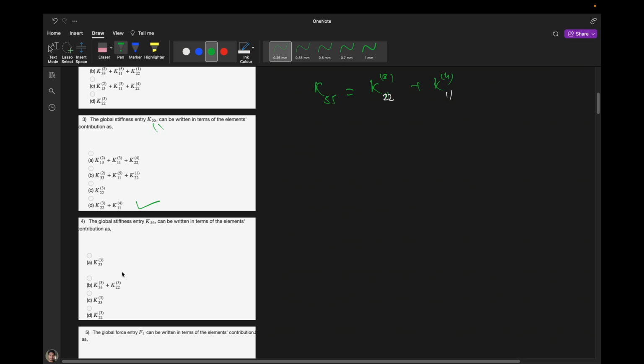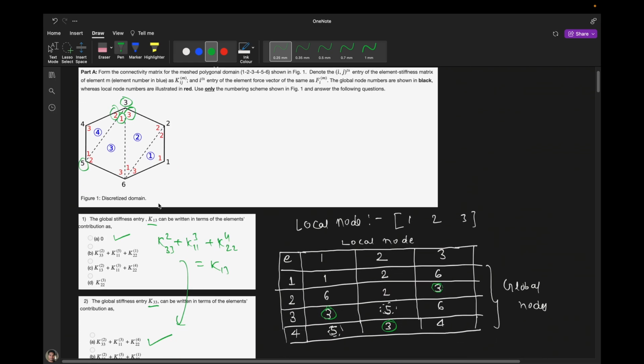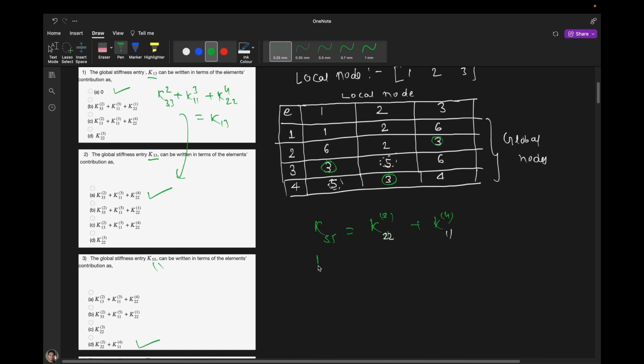Now it is saying what will be the global stiffness entry for k56. So let's see for k56. Where is that? So here it is 5 6. Here it is 5 6.